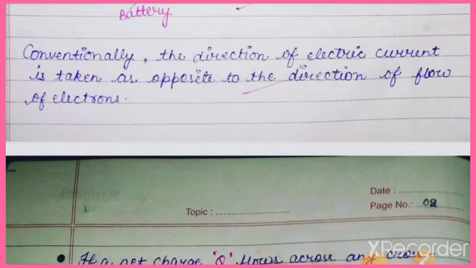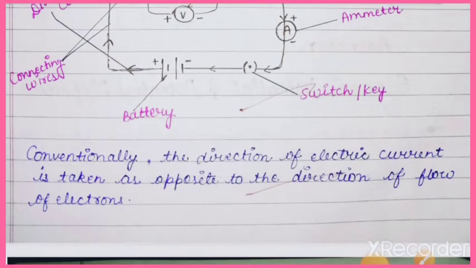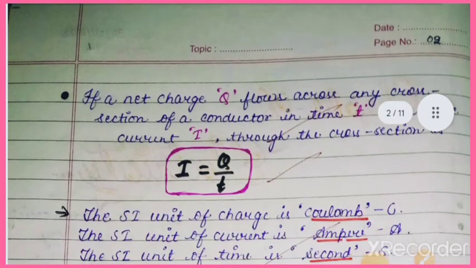But in conventional current, it is opposite. That means in conventional current the current flows from positive to negative direction. So this is the difference between the electric current and conventional current. In conventional current, the current flows from positive to negative direction, whereas in electric current the current flows from negative to positive direction. Okay, so I think this is clear to you all.